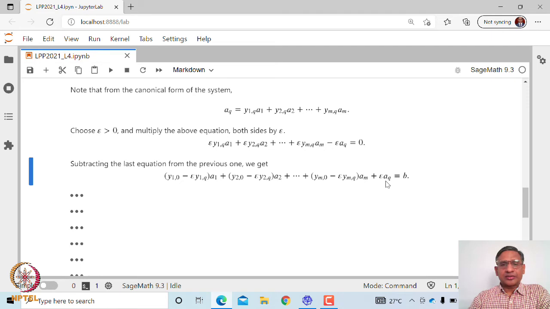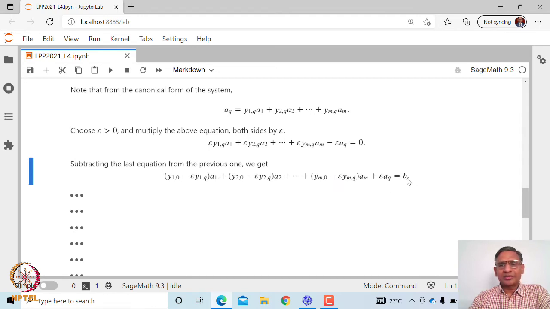Now what we wanted is a basic feasible solution. So the basic variables cannot be more than m. There will be exactly m variables which will be basic variables. At present we have m here and 1 here, that is m plus 1. That means one of them has to become 0, right? One of them has to become 0 and also all the coefficients here have to be non-negative, right?